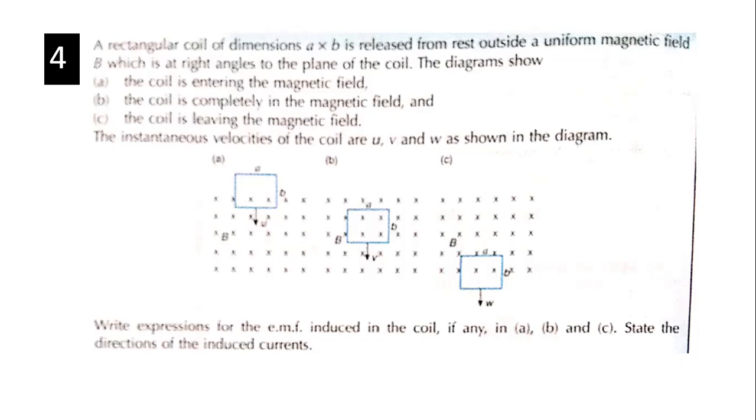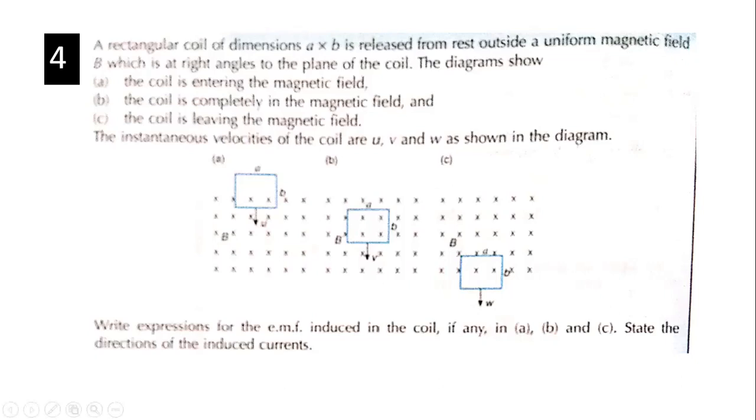The thumb is going down. Our first finger is into the page. So where's the second finger that represents the current? That should be anti-clockwise. Okay. Anti-clockwise, good.